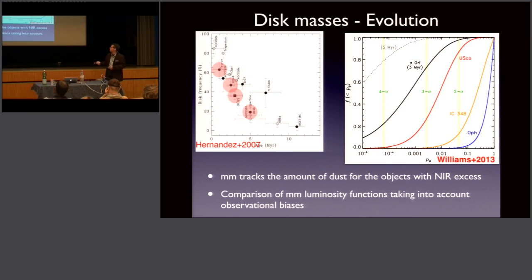And this is consistent again with the fact that a small fraction of the stars of Upper Scorpius have infrared excess, so most of the stars have lost their disk. Sigma Orionis is a very well-studied cluster for which we have very accurate measurements of the photosphere of many members.